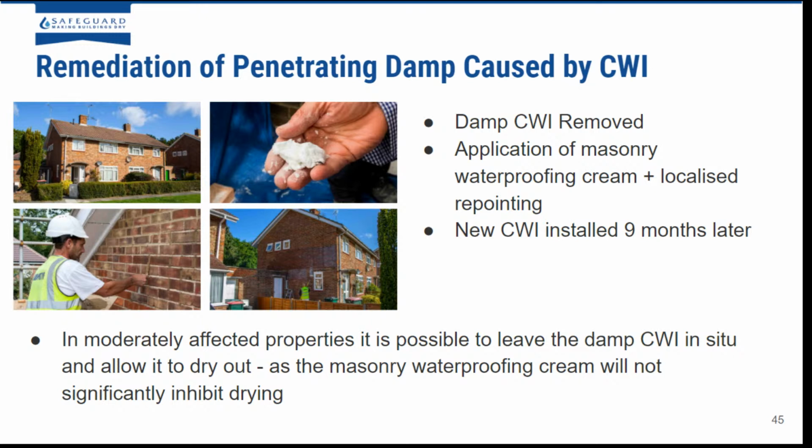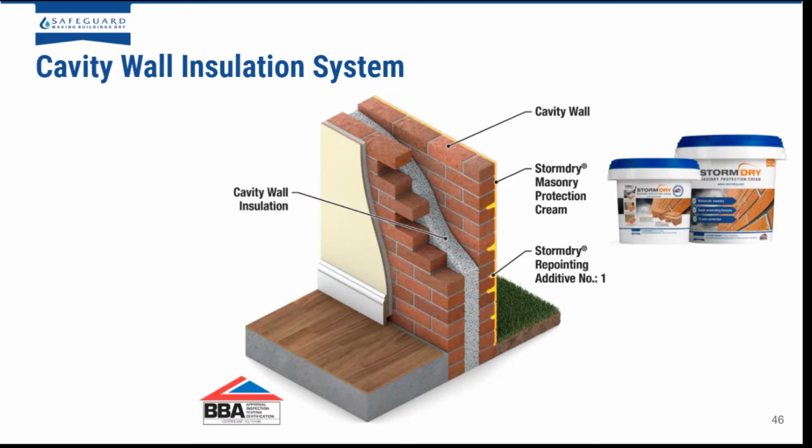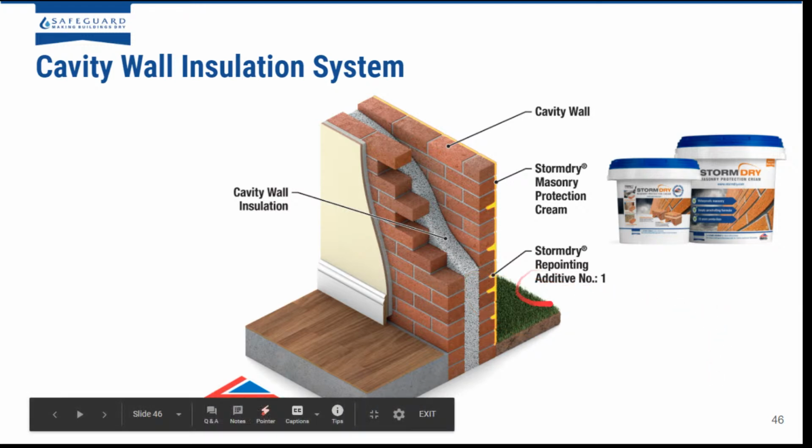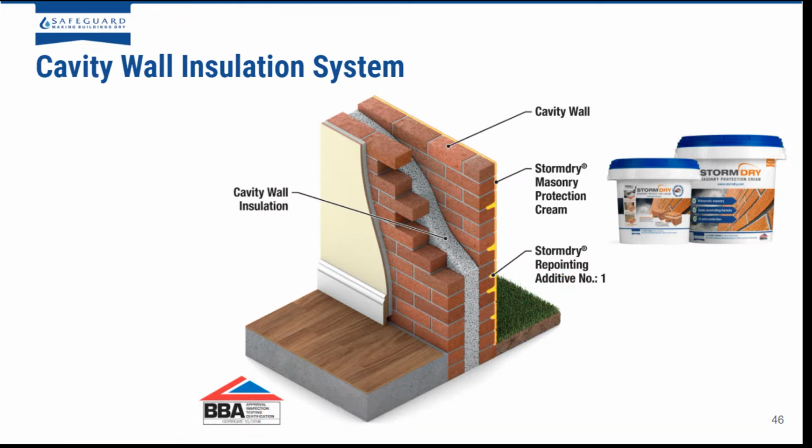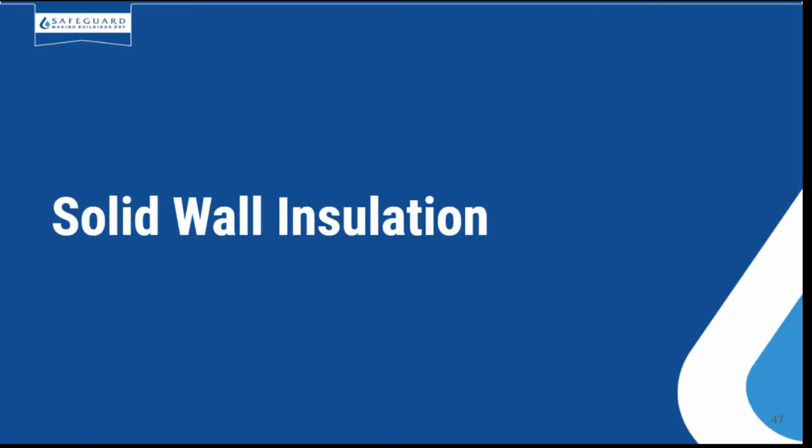And this really completely stopped the issue, and they haven't had issues since. So one moisture safe way of installing cavity wall insulation is to use Storm Dry Masonry Protection Cream alongside necessary repointing works to protect your cavity wall insulation. And this would offer a moisture robust strategy to do insulation.